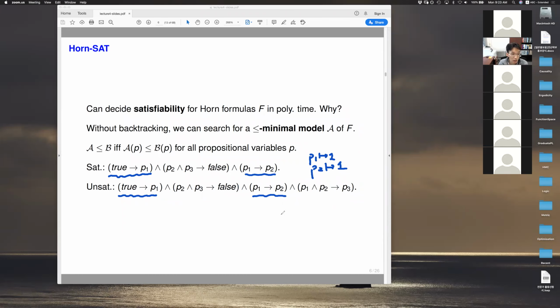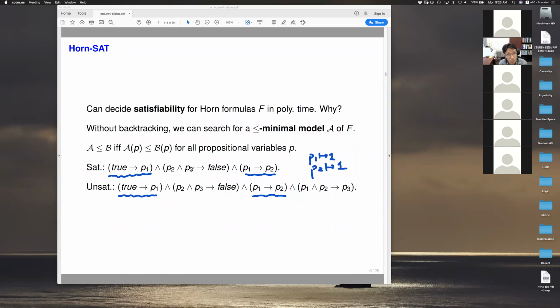Okay, and now at this point, we usually don't know what to do. We said P1 has to be true, P2 has to be true, and that's pretty much it. We can't really say anything further. So we can't, for instance, say this clause is not satisfied. We know P2 is 1, but for P3, we can't say anything.